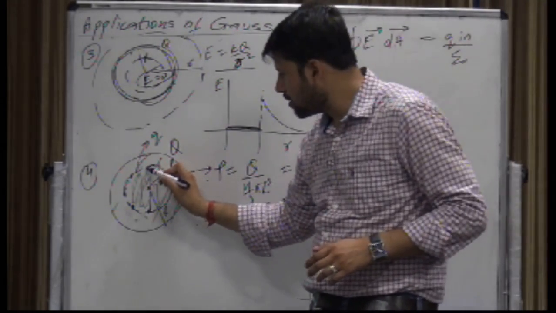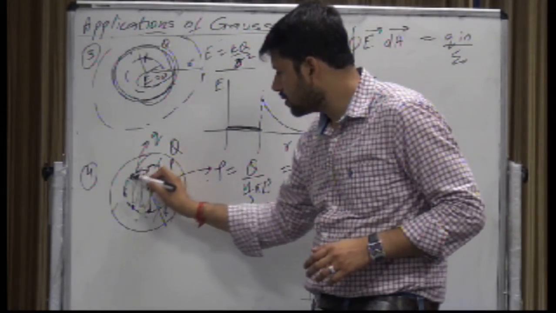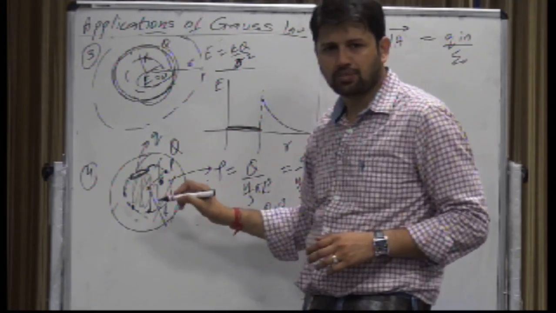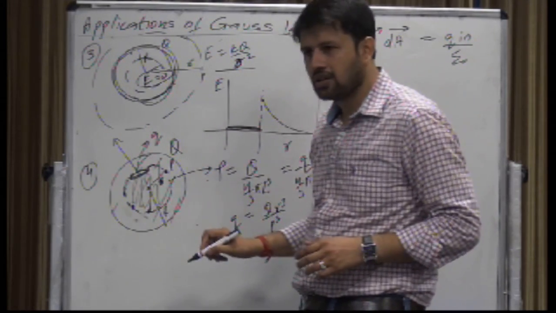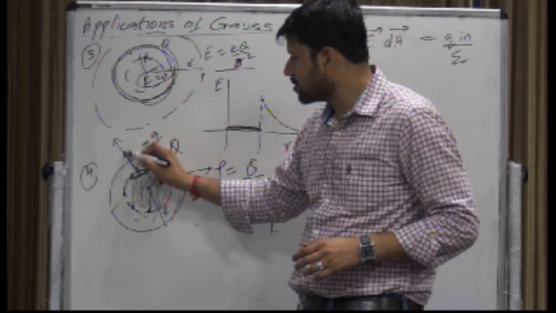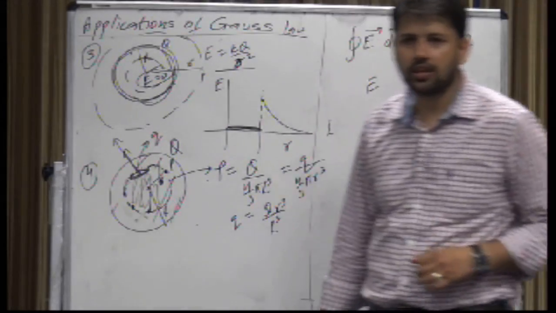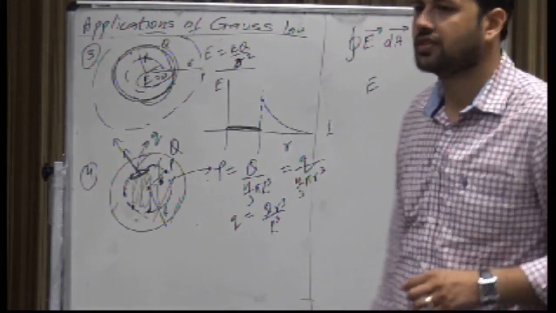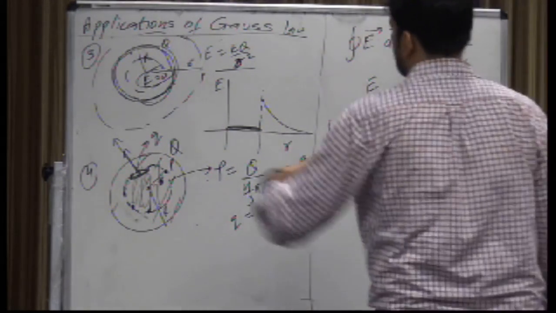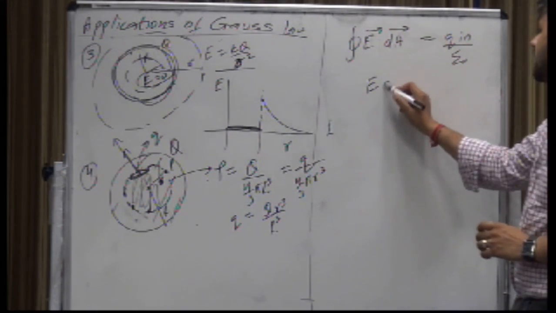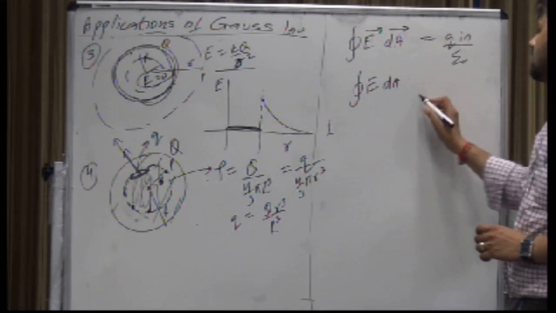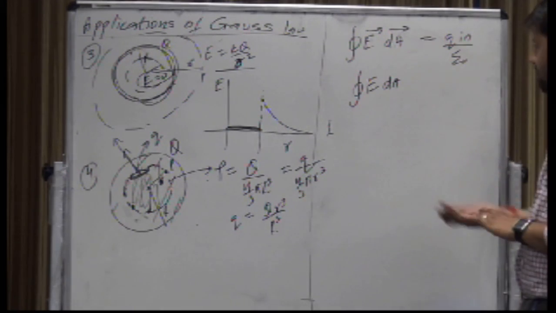Draw a small element. The field through this would be coming out, and the area vector would also be coming out. Gaussian surface is a closed surface, so the area vector would always be outward. The angle between these two is 0, so we would write E dA cos 0, obviously it's 1.